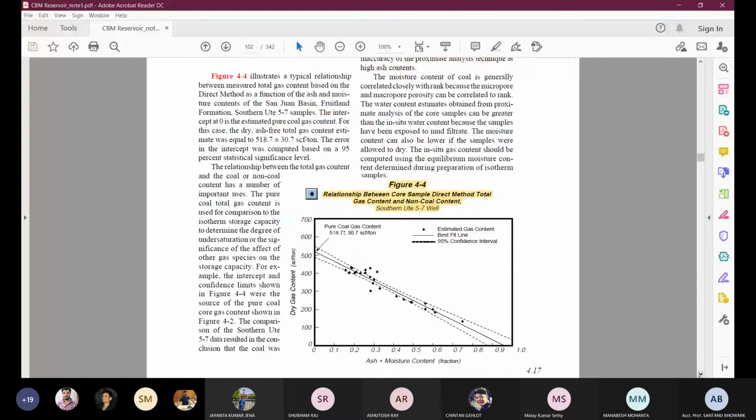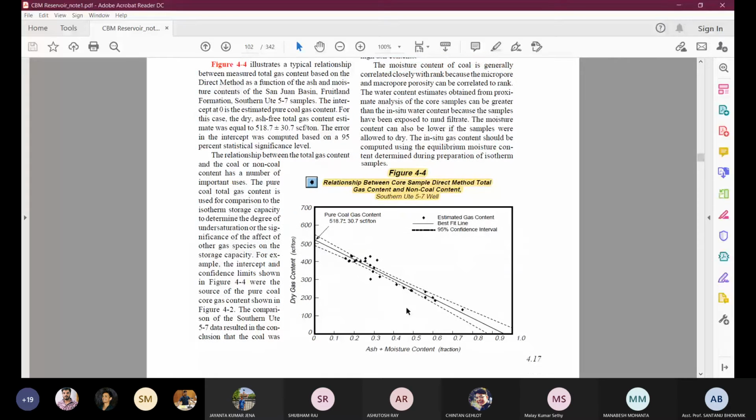Now here, as you can see in this graph, the relationship between the core sample by direct method of the total gas content and the non-coal content. If you increase the ash and moisture content, obviously the dry gas content is going to reduce. Why? Because the ash content is going to block the carbon content.